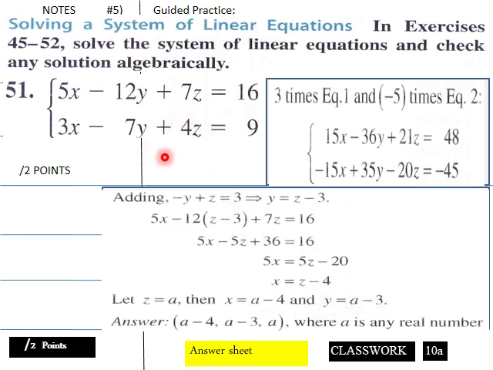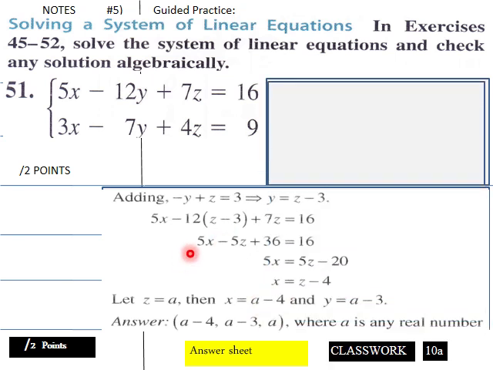This is what you have to do when you have a non-square system. So the answer would be a minus 4, a minus 3, and then a, where a is any real number, for x, y, and z.